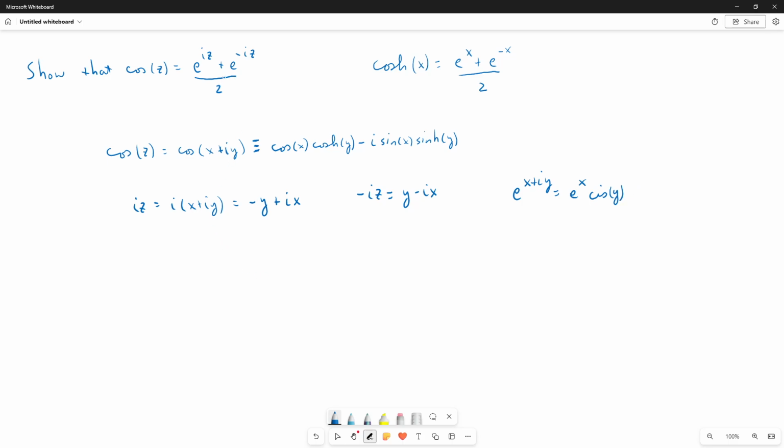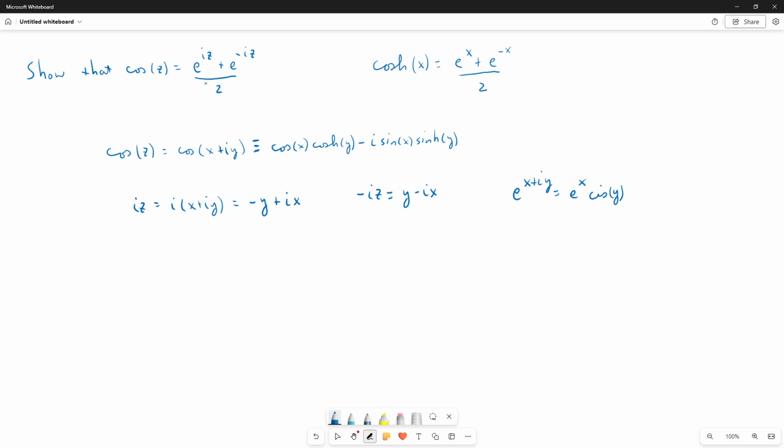Okay, so I think what we can do here is start with the right-hand side and figure out what these exponentials are here and add them together. And let's not worry about the dividing by 2. Let's just take these exponentials and add them together and see if we get twice the cosine of z. So hopefully we'll get 2 times this minus 2i times that.